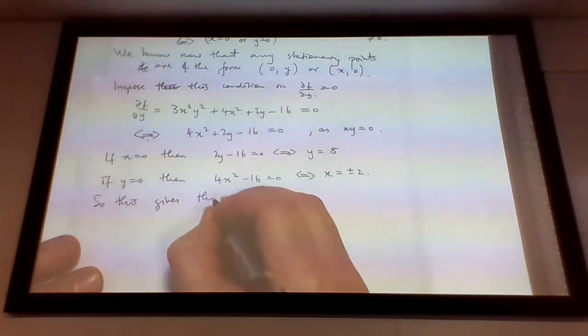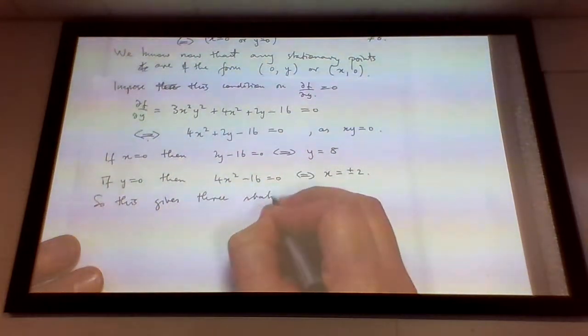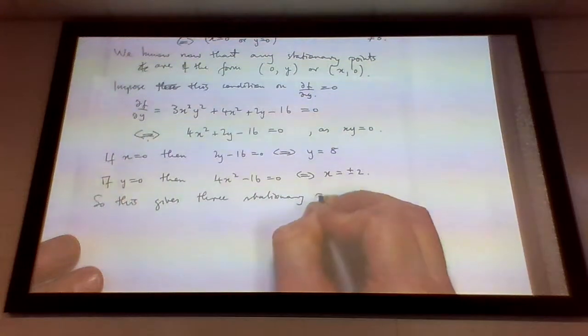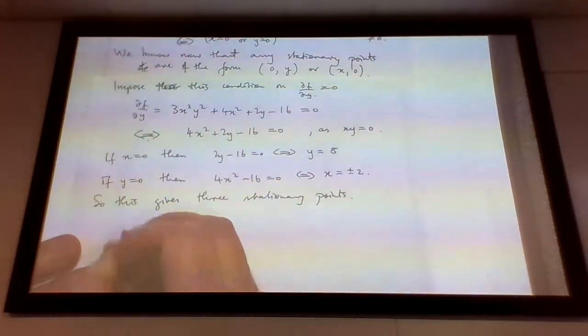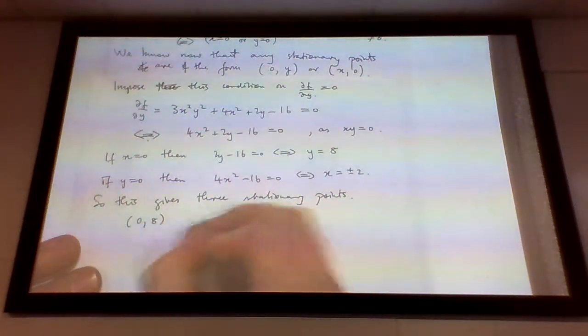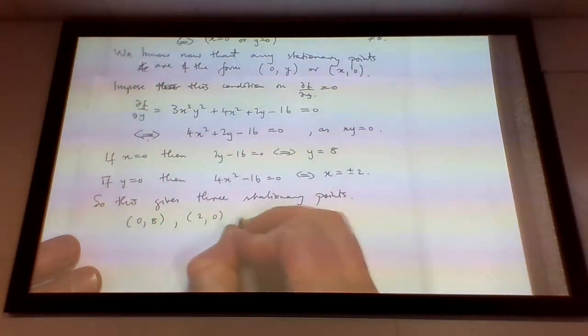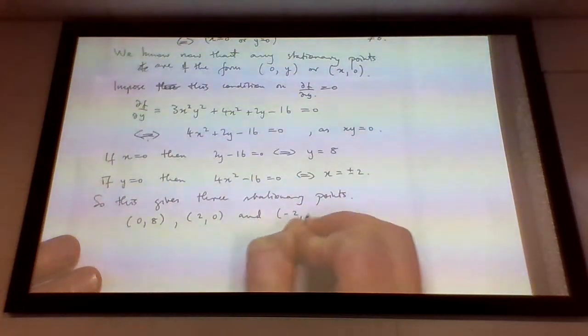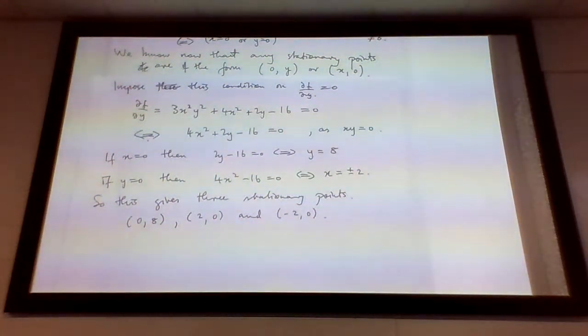So this gives 3 stationary points: 0, 8, 2, 0, and minus 2, 0.